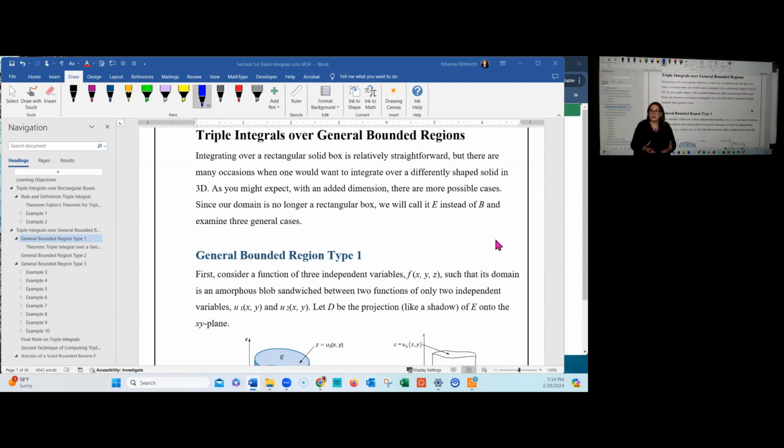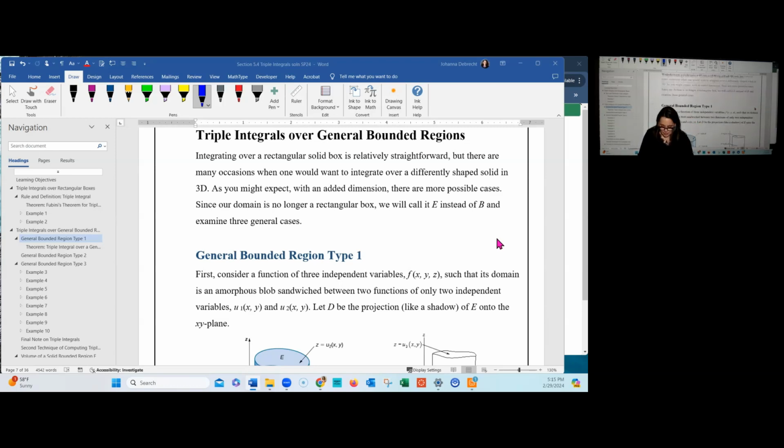The truth of the matter is there's very little difference between type 1, type 2, and type 3, other than which plane they cast a shadow onto, the XY plane, the XZ plane, or the YZ plane. So when we're looking at these, they're going to work very similarly, but these are different types. This also gives you different ways of integrating, different orders of integration.